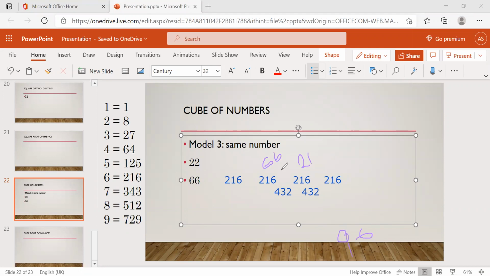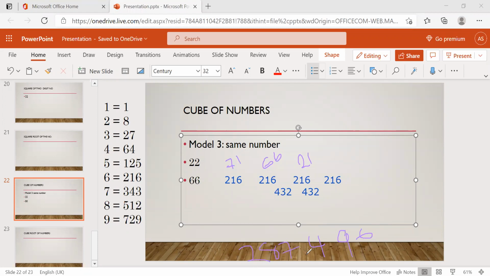Okay. And 432 plus 216 is nothing but 714. So 71 here, 4 here. Now 71 plus 216, 287.